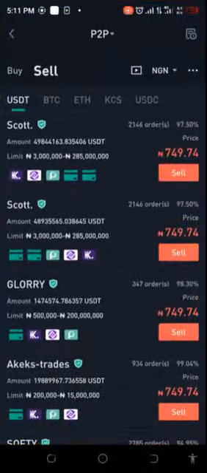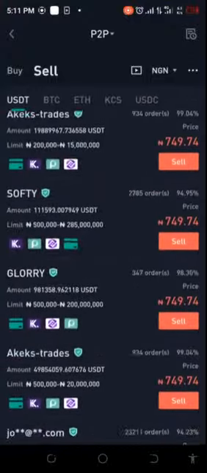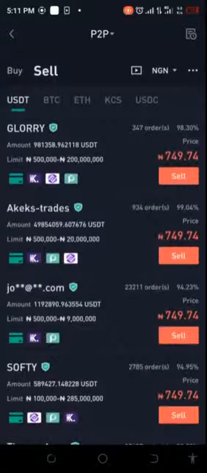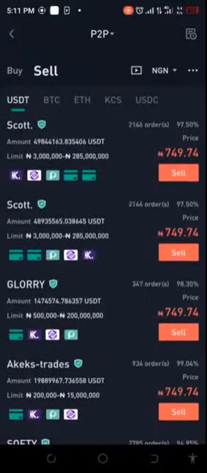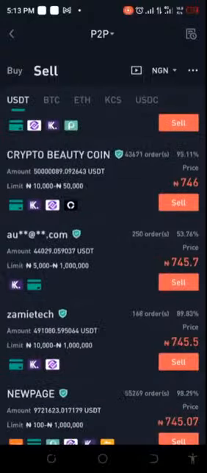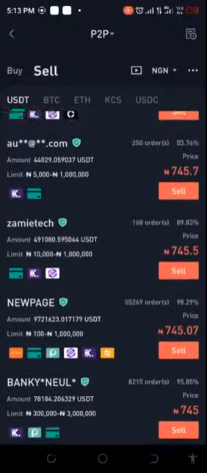Let's try and see whether we can put the range there, whether we can get the amount we're looking for. We're looking for $25, okay? So that we can decide to actually sell this off. Sliding down, you can look for the price range that you actually want to use.